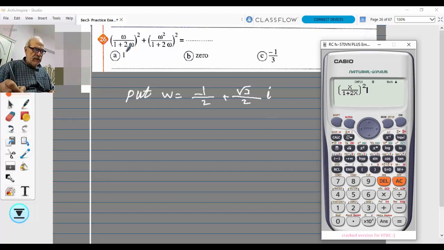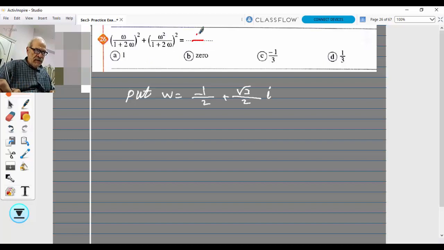It is the first fraction squared, plus another bracket, fraction x squared over 1 plus 2x, all squared, and the result equals 1 over 3. So this expression equals 1 over 3. And we choose letter D.